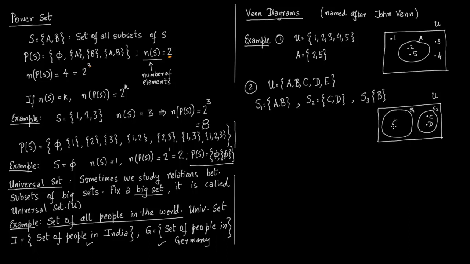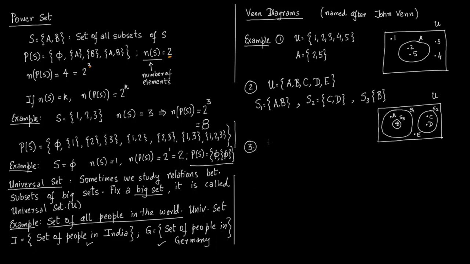S3 is a subset of S1, so you draw it inside S1. S3 contains element B and S1 contains elements A and B both. But A is not contained in S3, so I am drawing it outside the circle S3. And the element E, which is an element of U but is not contained in S1, S2 or S3, is drawn outside.